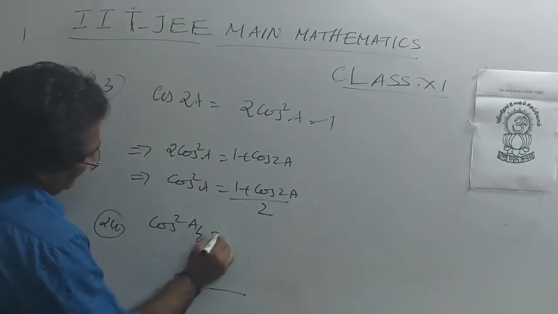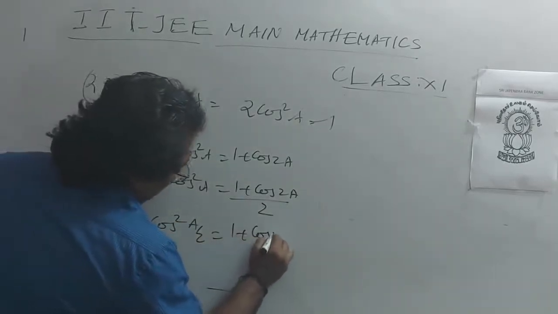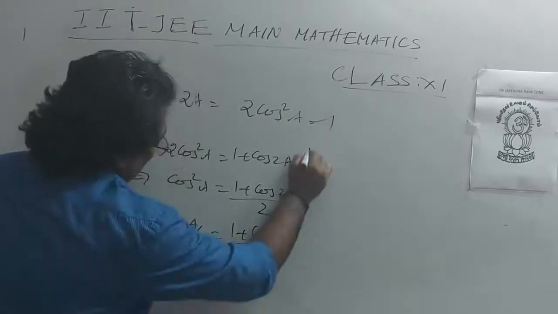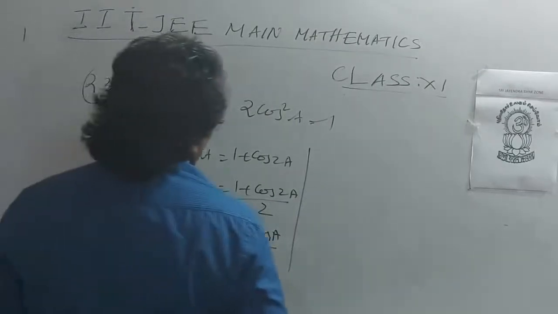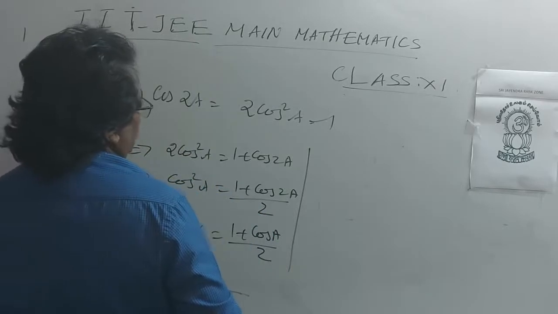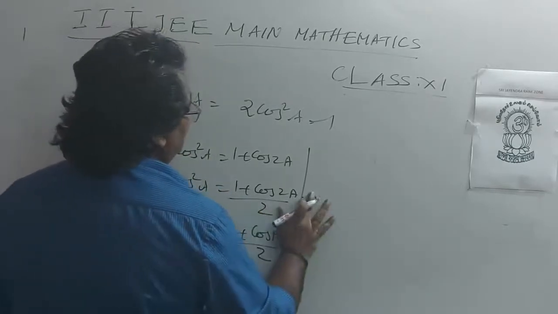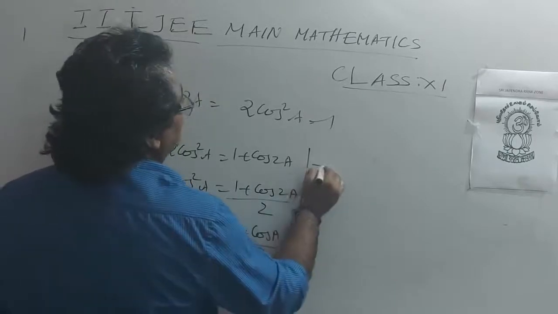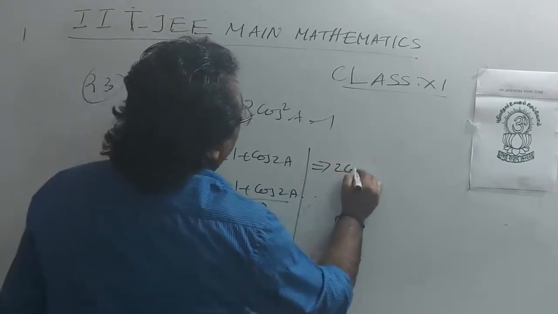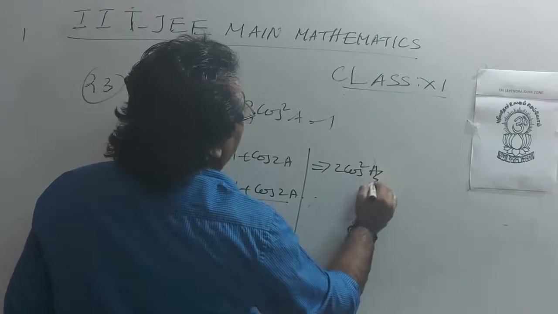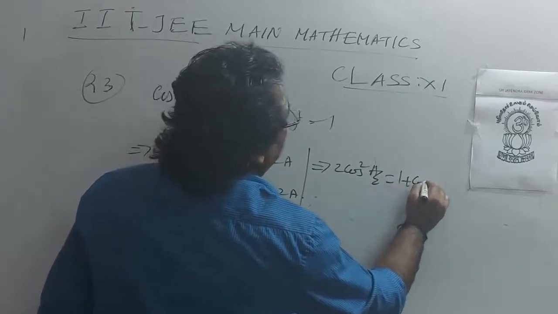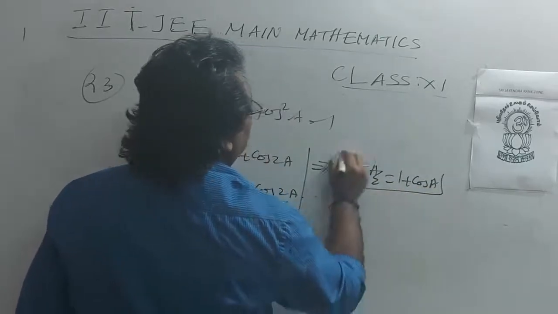Cos squared a by 2 equal to 1 plus cos a by 2. From this, 2 cos squared a by 2 equal to 1 plus cos a.